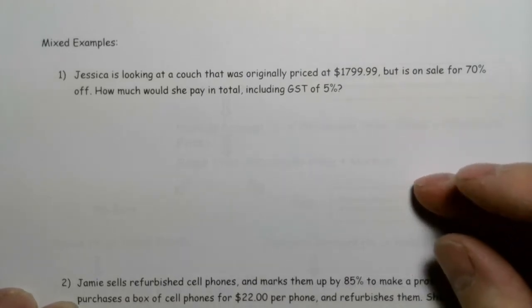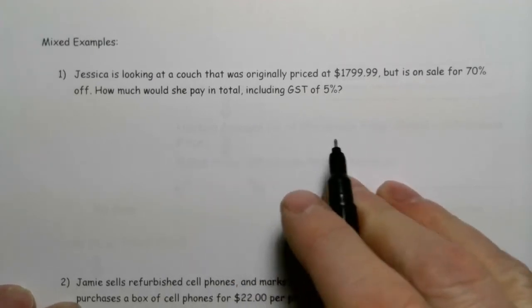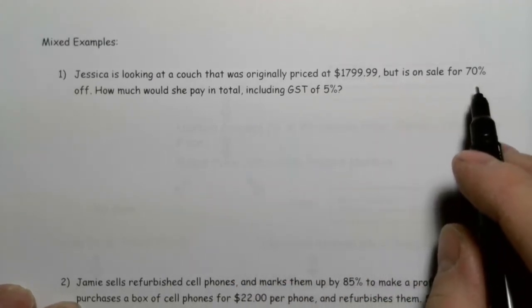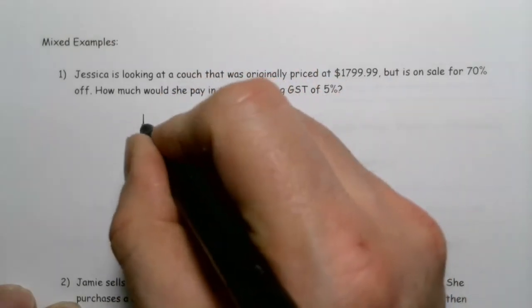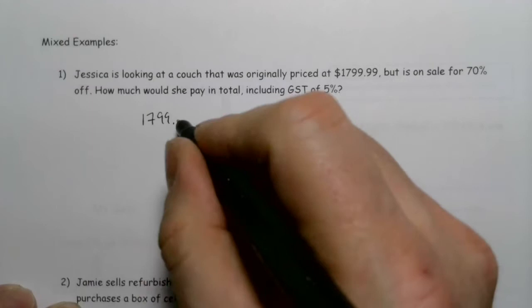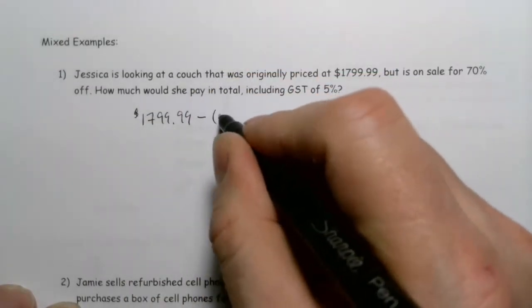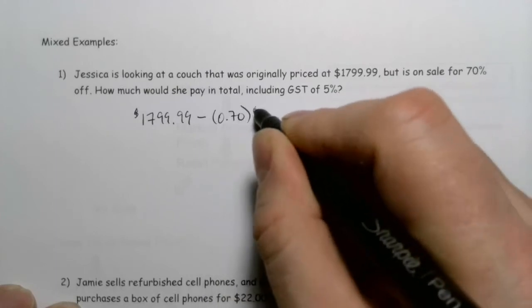Okay. Now, first of all, what we want to do is figure out how much is she going to pay when she gets to the till if it's on sale for 70% off. Well, that is going to be $1,799.99, but we are going to lose 70% of that.